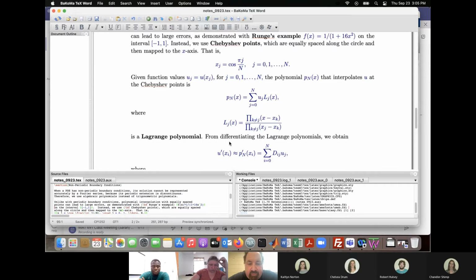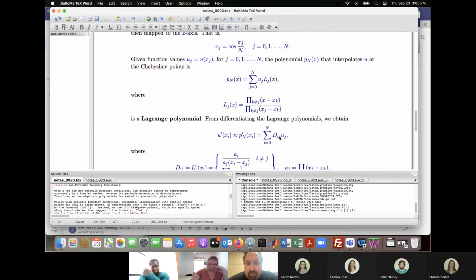You take your function, you approximate it by some kind of simpler function, like an algebraic polynomial here or a trigonometric polynomial last time. Take its derivative at the point of interest. So again, the approximation of a derivative is the exact derivative of the approximating function.